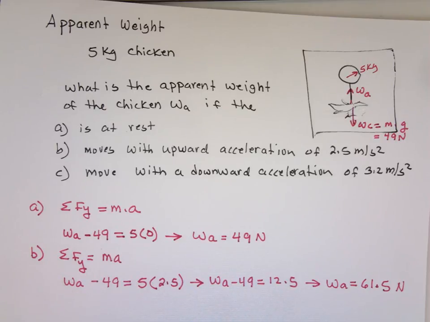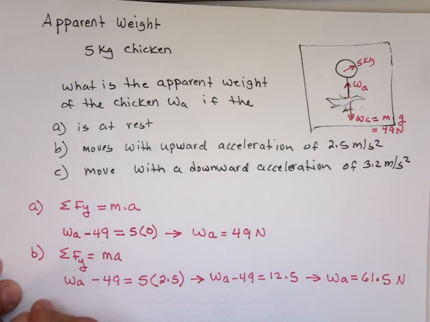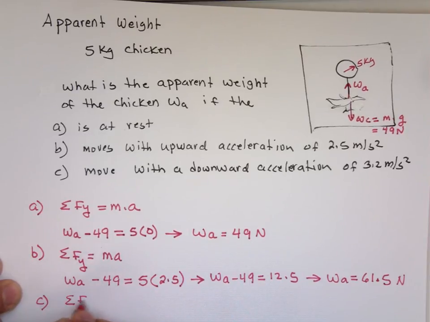Now part C here, if it moves downward, still the same equation. The net force in the y direction equals mass times acceleration. The net force in the y direction is what? WA minus the 49.